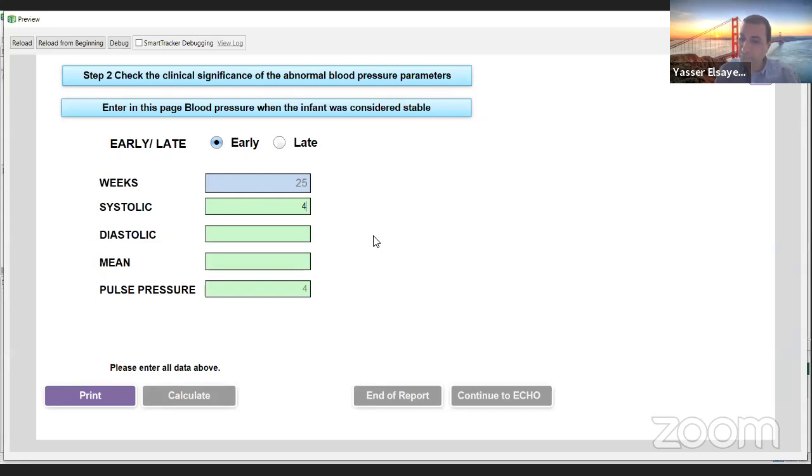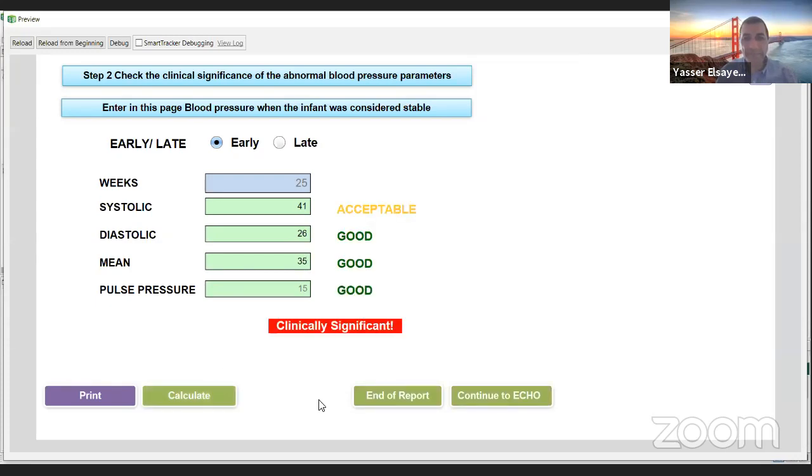So the blood pressure a few hours before was 41 systolic and 26 diastolic, mean of 35. And now calculate, we'll see what will happen. So we have acceptable, for sure the blood pressure is very good, but clinically significant what? Clinically significant dropping or worsening of blood pressure over time.